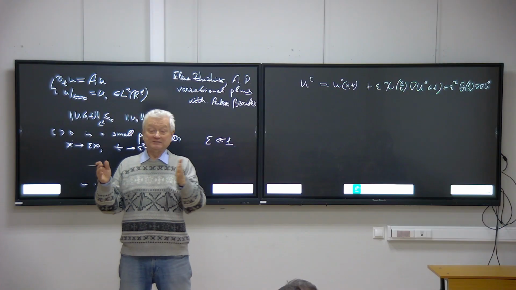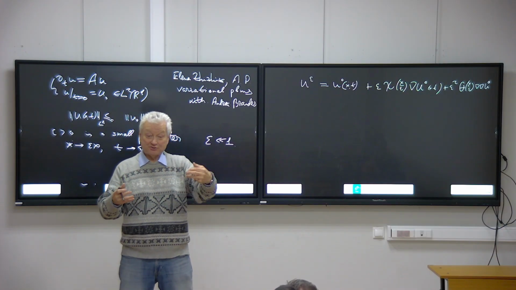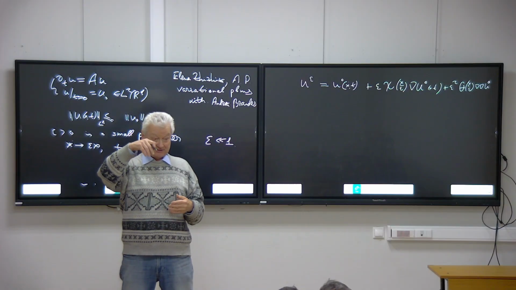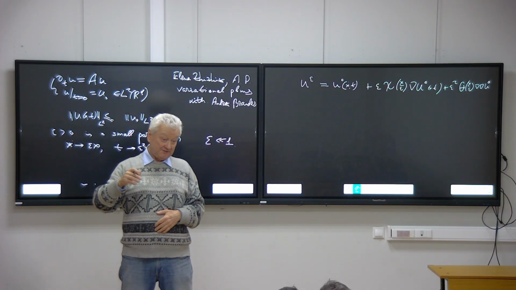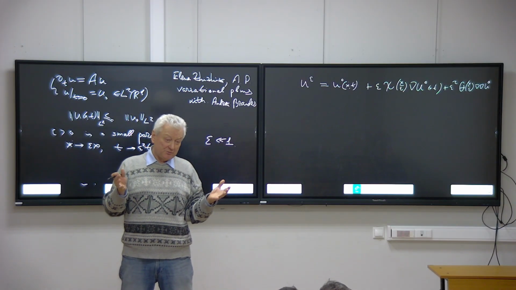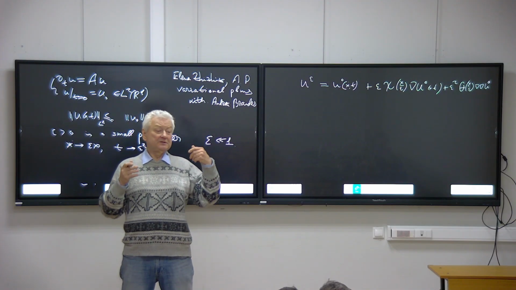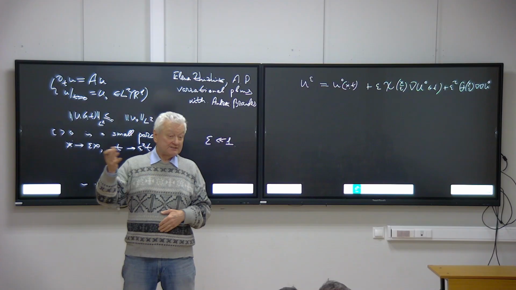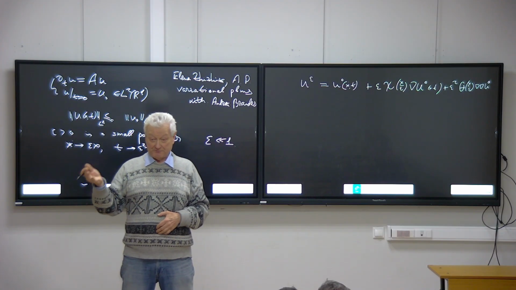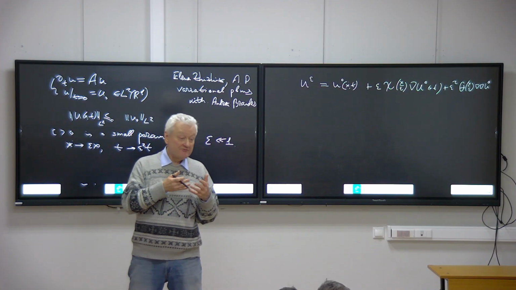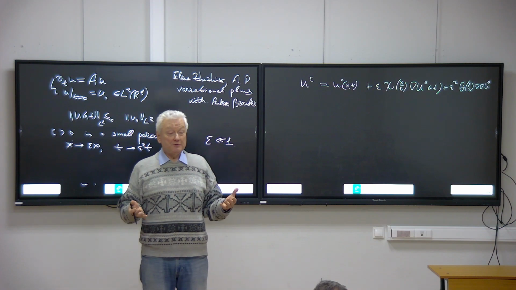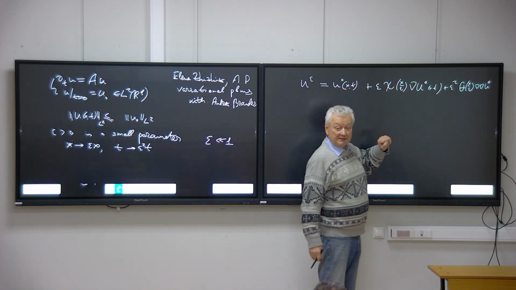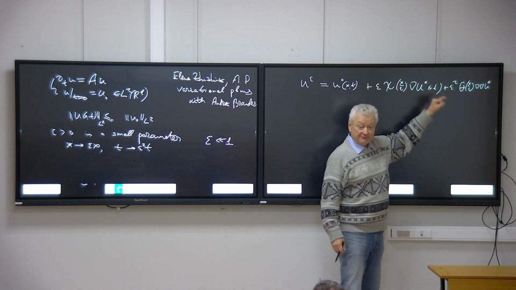Then there is a common factor nabla u0 of x,t, and the expression we want to be 0. It is the power-like term of order epsilon to the power minus 1. Since there is nothing on the right-hand side of order epsilon to the power minus 1, it should vanish. So in order to make it vanish, we obtain an equation for chi.